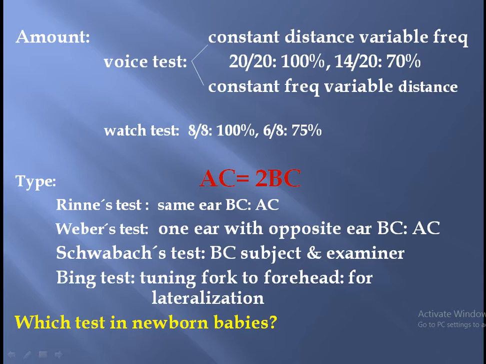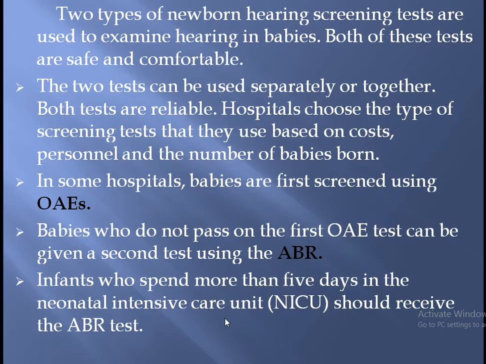One important question is which test you can use in newborn babies, these or any special type of test. The answer is that in newborns we can have two important tests named OAE and ABR.